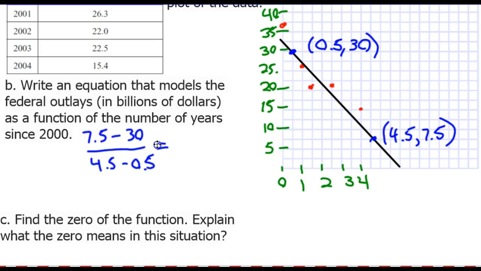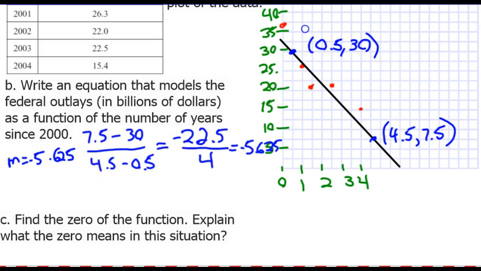7.5 minus 30 gives us a negative 22.5. And 4.5 minus 0.5 gives us 4. So if I divide those to get a decimal, we get a negative 5.625. So our m is negative 5.625. I'm going to use this point in my equation. My x is 0.5, my y is 30.